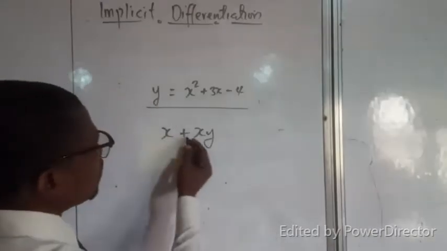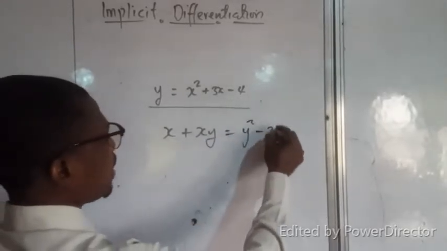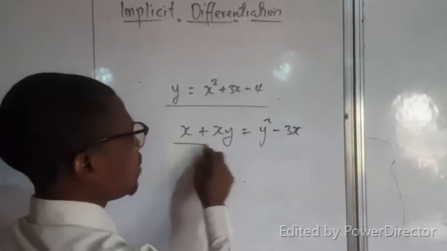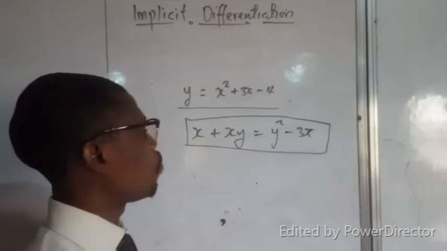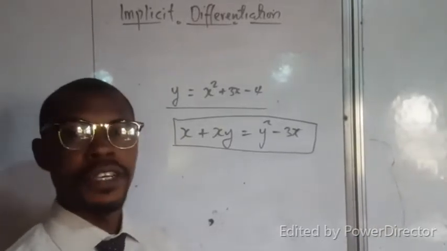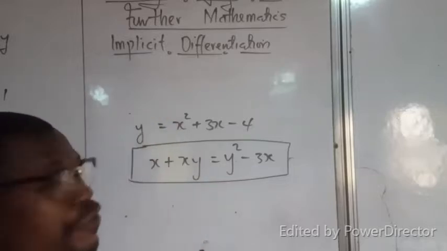So x plus xy is equal to y squared minus 3x. If you take a look at this equation, you cannot identify which one is the subject of the other. So this is a perfect example of an implicit function.